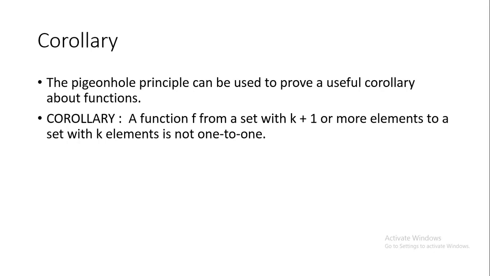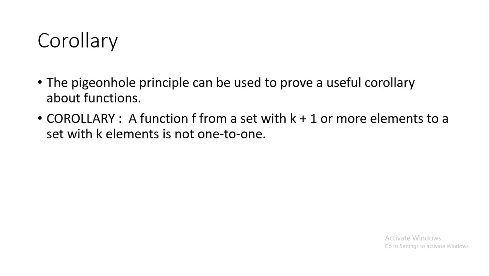It means one-to-one correspondence: no two or more objects are mapped to a single object. There must be one-to-one correspondence, and only then can we say that it is one-to-one. So our corollary is that a function f from a set with k plus 1 or more elements to a set with k elements is not one-to-one.